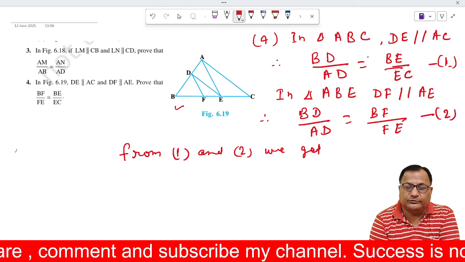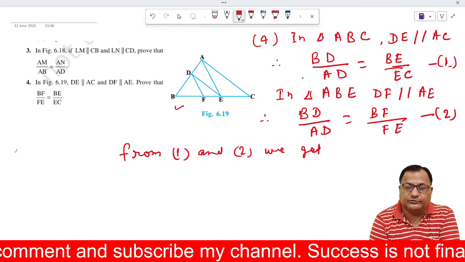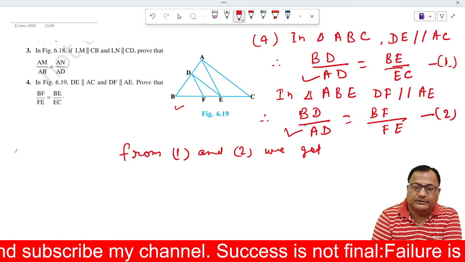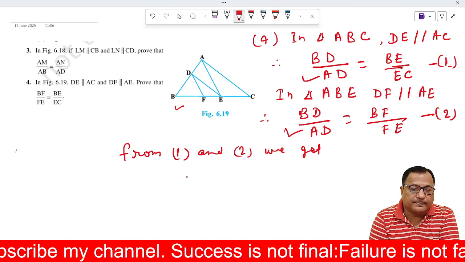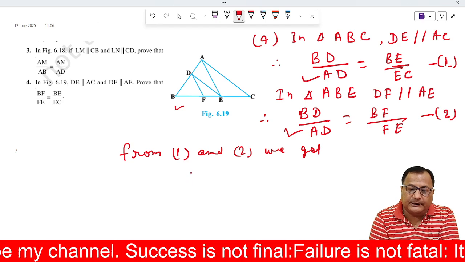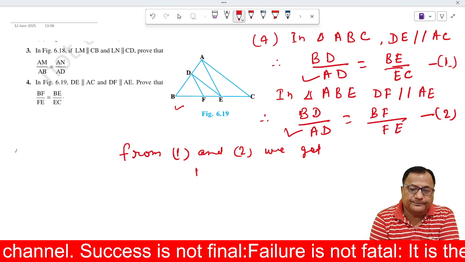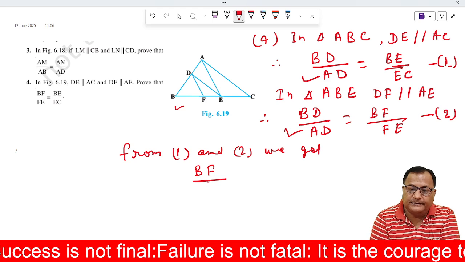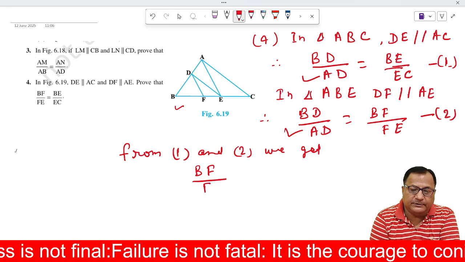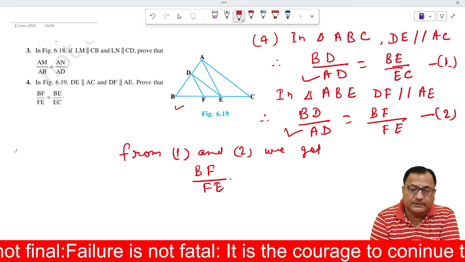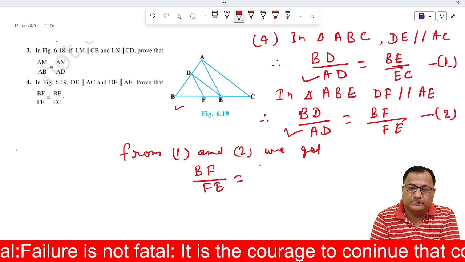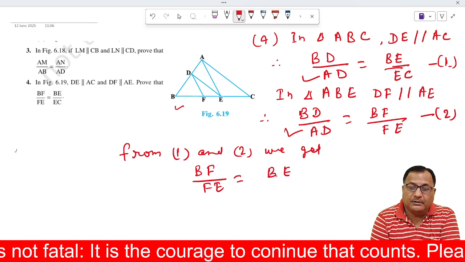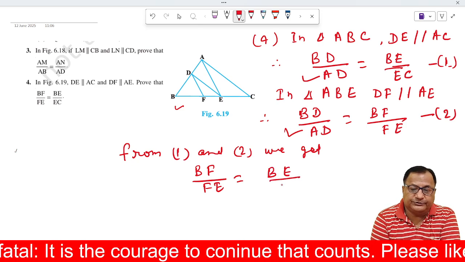Here is also BD by AD, and here is also BD by AD. So BF by FE is equal to BE by EC.